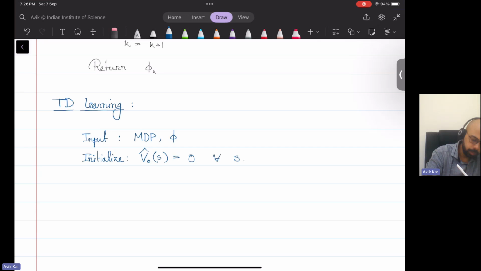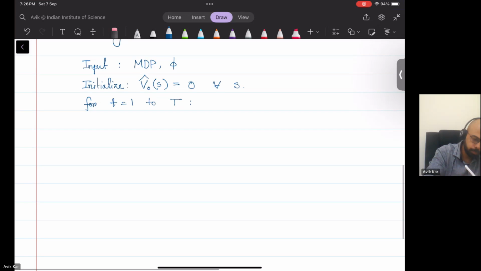Now you start running this algorithm for certain time steps, for t equals 1 to capital T.